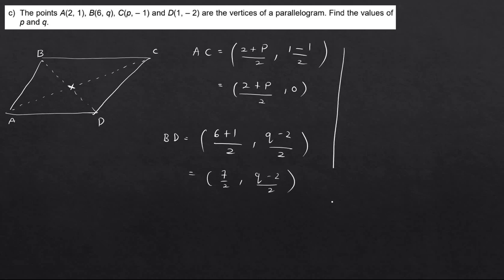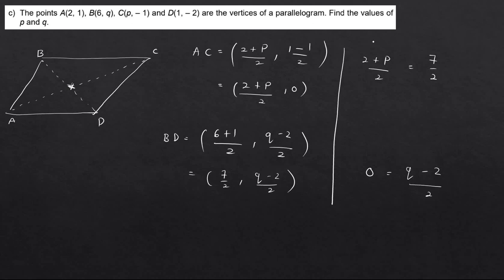Then let's make a comparison. Because the point is the same, the coordinates are equal. 2 plus P over 2 is equal to 7 over 2 for the x coordinate, and for the y coordinate, 0 is equal to (Q minus 2) over 2. X with x and y with y.